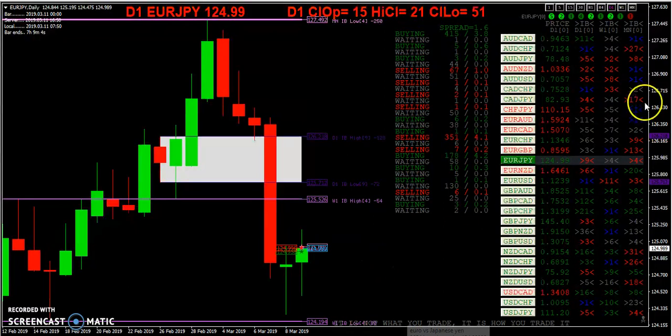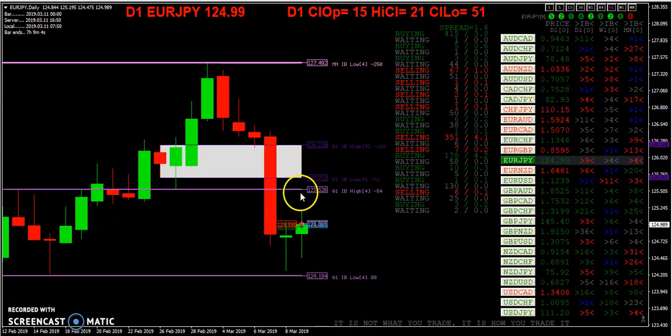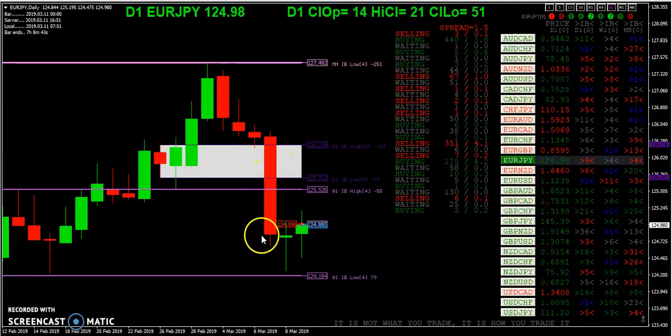Now, breakouts, inside bars. Once again, we had a daily inside bar. You see price got within the high and the low of the daily inside bar, and it broke out. Once to the downside, once to the upside, second time to the upside, third time to the upside, and second time to the downside. And once again, the one shows you the previous day is an inside bar.